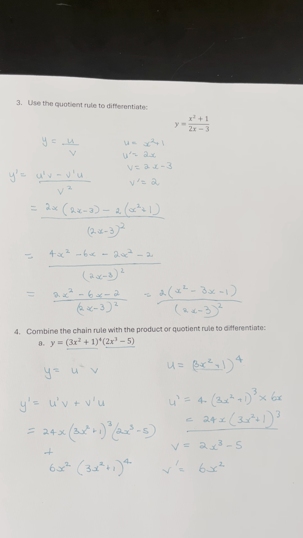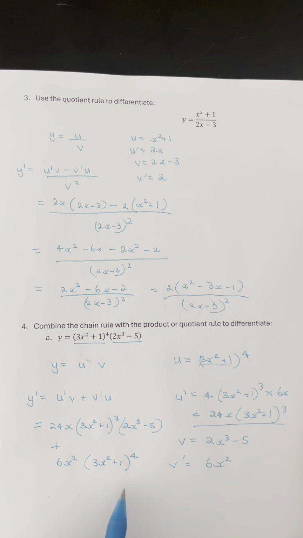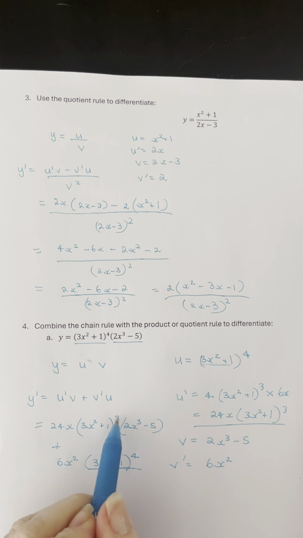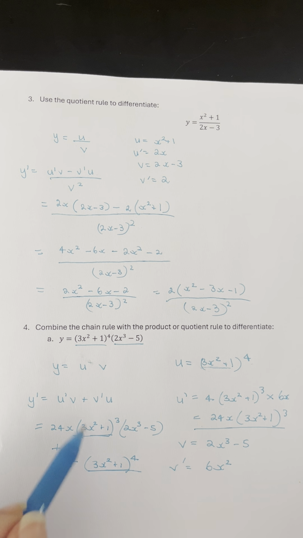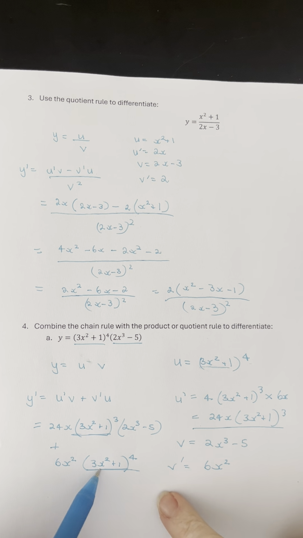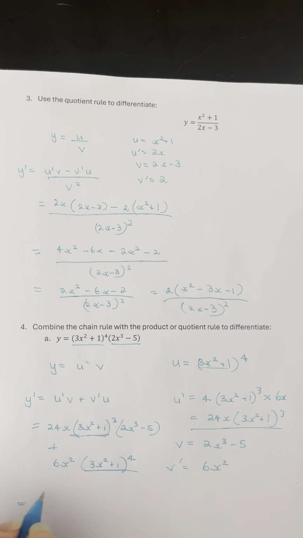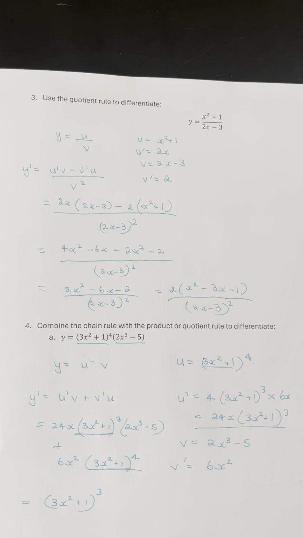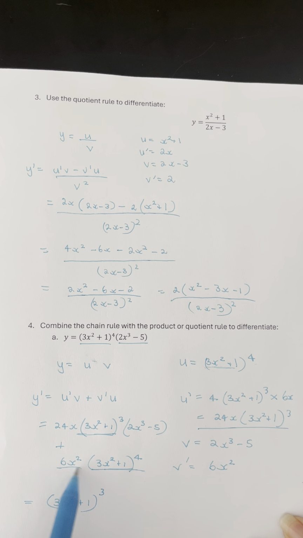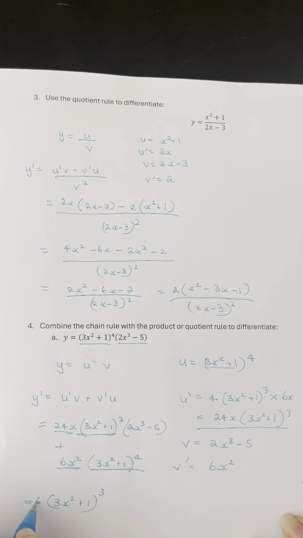So then you can do some simplifying with that, where we can take out this bracket raised to a power of 3, because the first term has it to the power of 3, the second term has it to the power of 4. So I can bring that 3x squared plus 1 to the power of 3 out the front there. I can also take a 6x out as well.